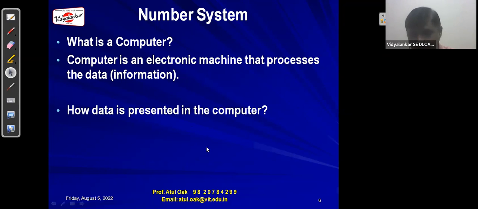I repeat, computer is an electronic machine that processes the data, or information. Let's use the word data. Agreed. The question is how my data is presented in the computer. Okay, let me clarify.